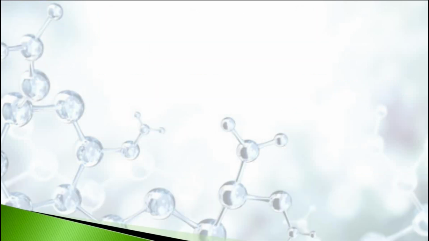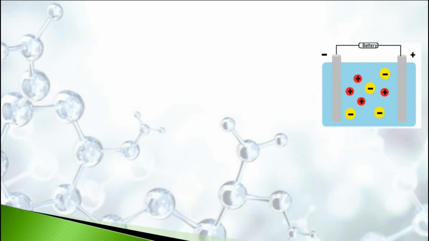Before starting, let's have a quick recap of what we had studied earlier. As we have discussed, whenever electrolytic solution is taken in a container and electricity is passed through it, ions start moving towards their respective electrodes. And these ions are the charge carriers.